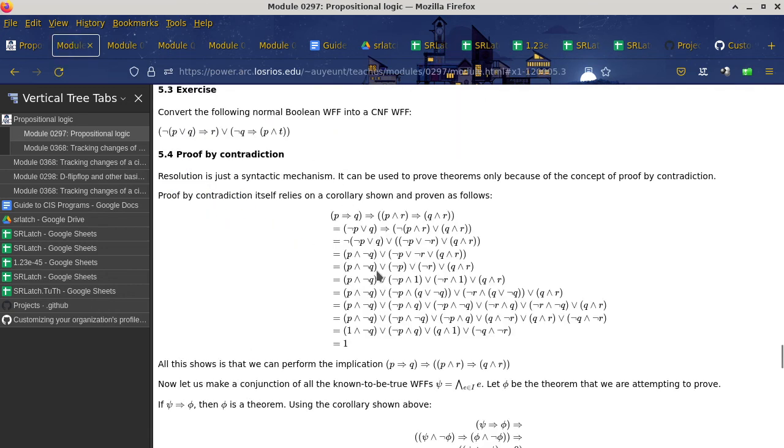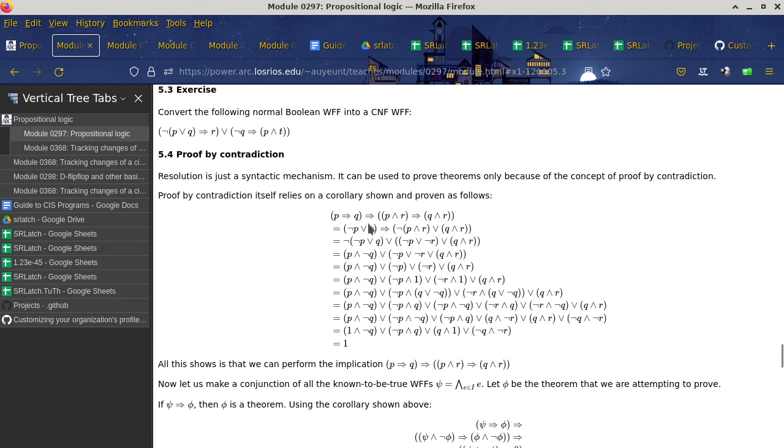So there we go. So we got an exercise, and what we have here is the first thing we need to do is to convert it into a well-formed formula. This is well-formed already. We want to convert it into a CNF or conjunctive normal form. Obviously, this is already done down here.